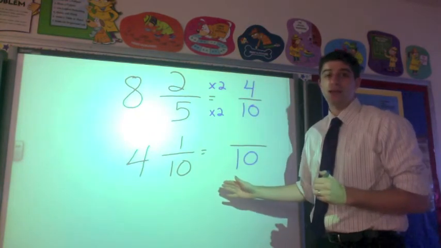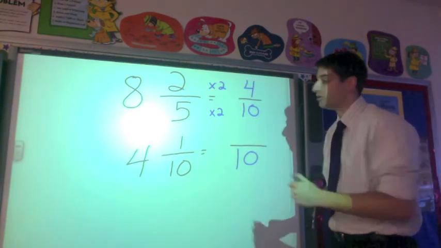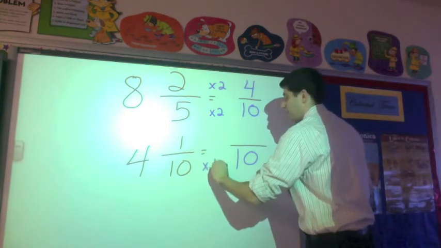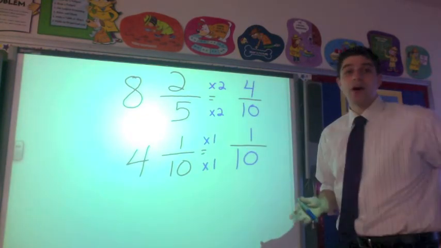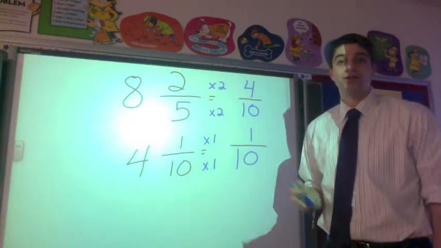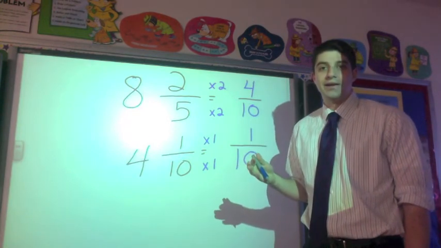And I do the same thing down here. 10 times what will give me 10? And if you said 1, you're right. And I have to do the same thing on top. So now I have my fractions with the least common denominator, and I'm ready to add.